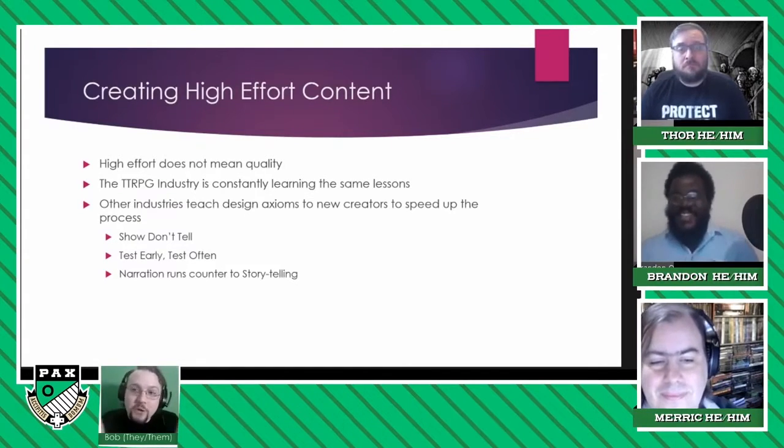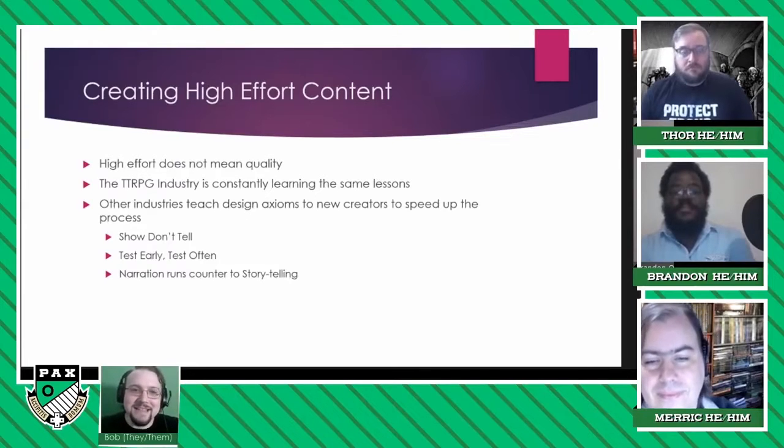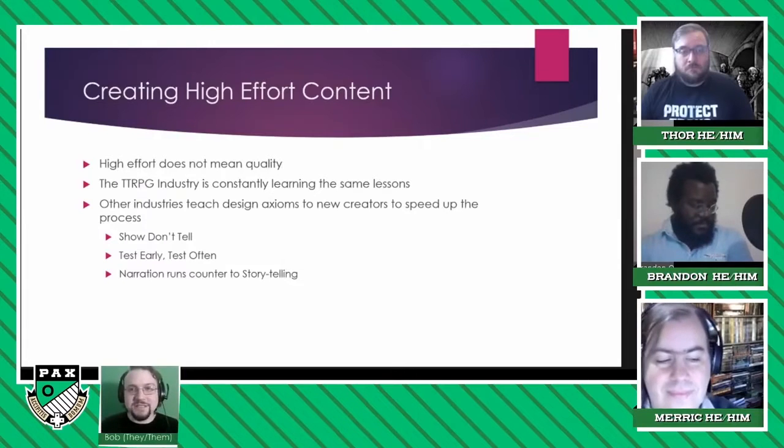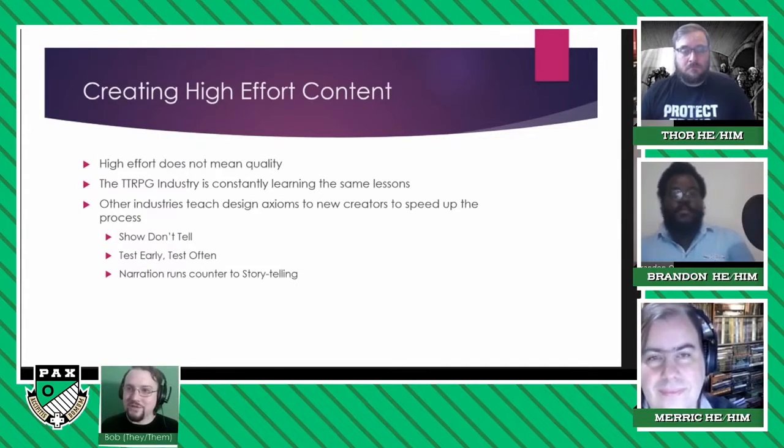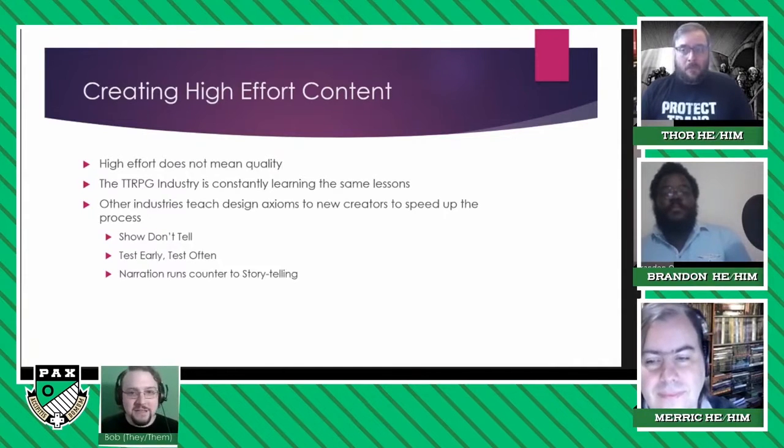But what we've noticed, or at least I've noticed, and my fellow panelists have agreed somewhat with that belief system, is that the tabletop RPG landscape relearns the same lessons over and over and over again, unlike other industries, like the film industry, which have very, very well-developed theories when it comes to the craft of film or literature, poetry.